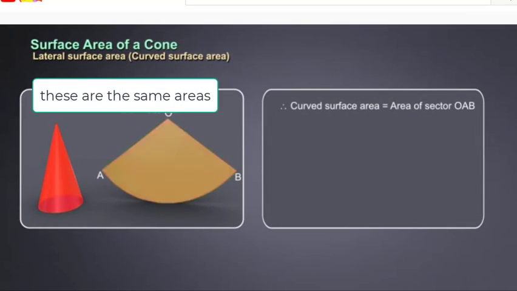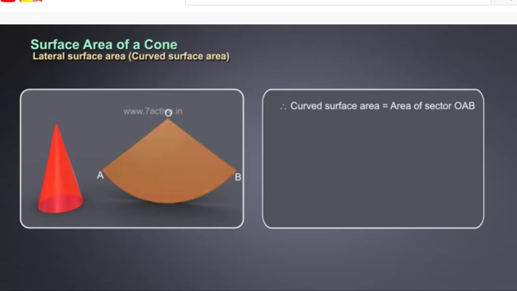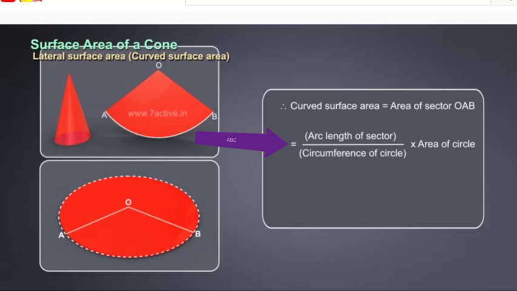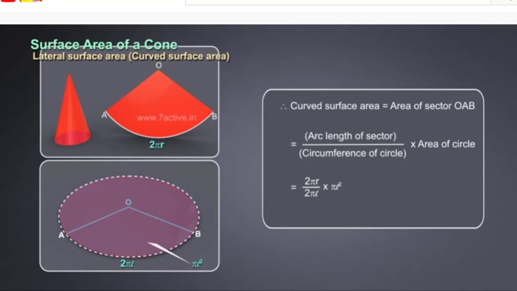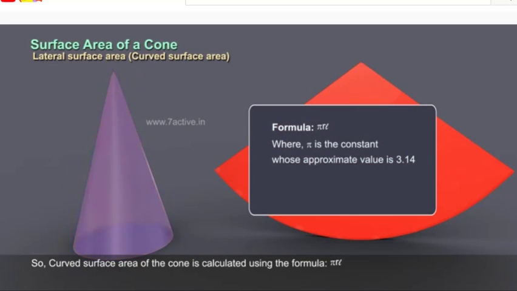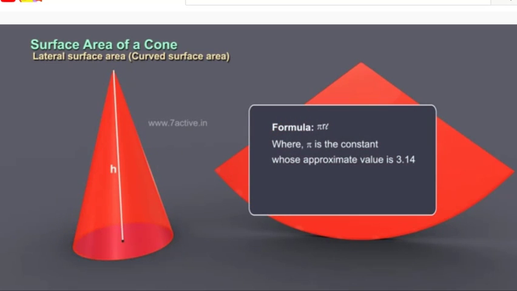To find the area of that sector, it's the fraction of the length of the arc divided by the circumference of the circle, times the area of the circle. If I simplify that, I get pi r l. And that's how I get the lateral surface area of a cone. The formula is pi r l.